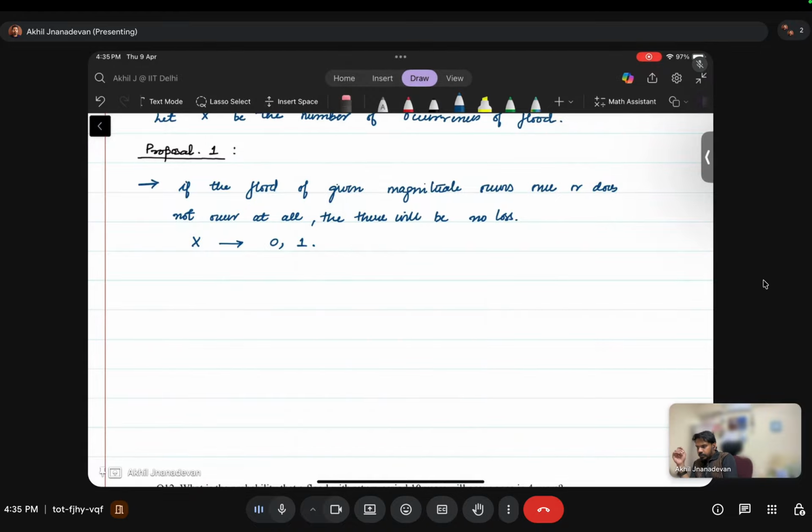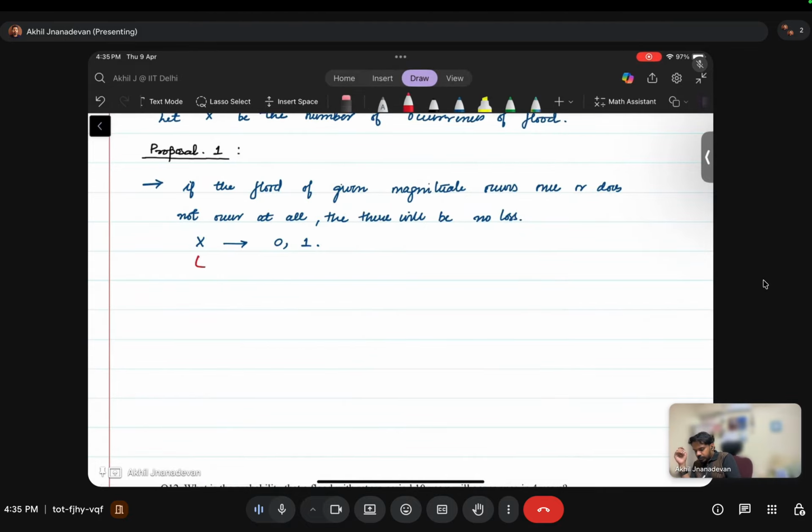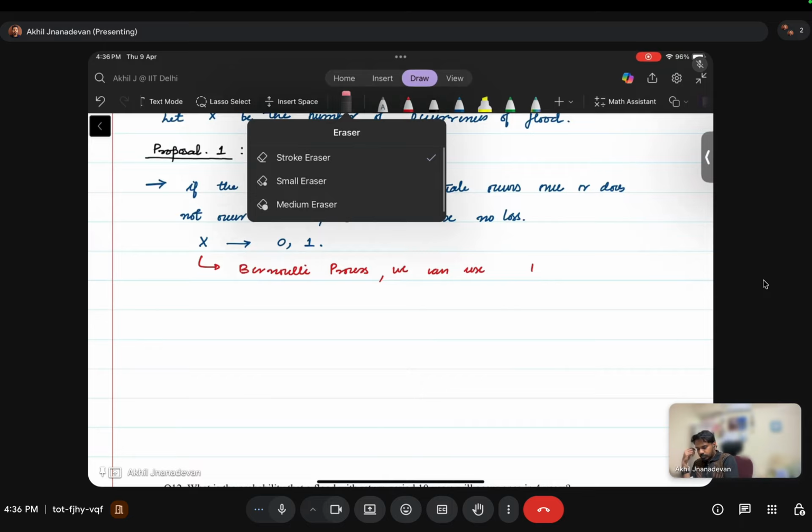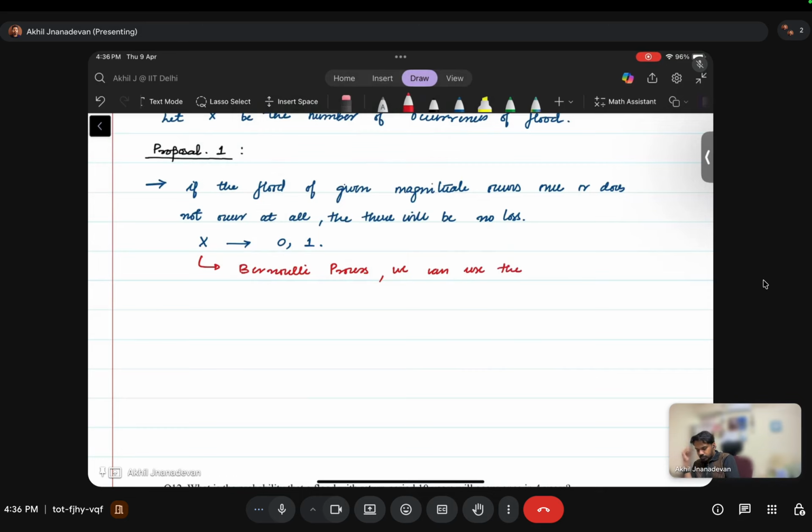So we can model this as a Bernoulli process, and we will be making use of the Bernoulli distribution.